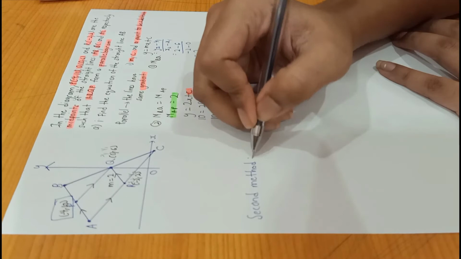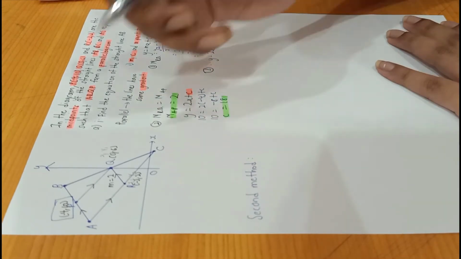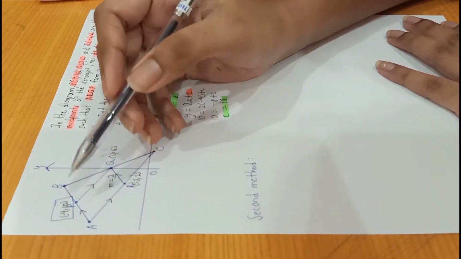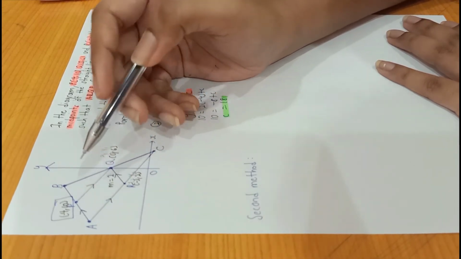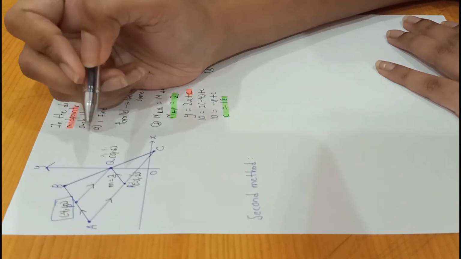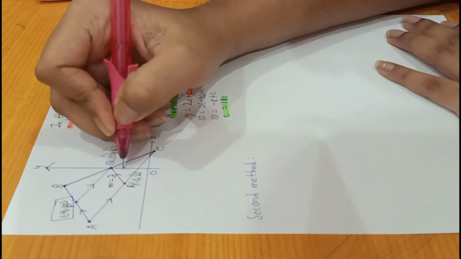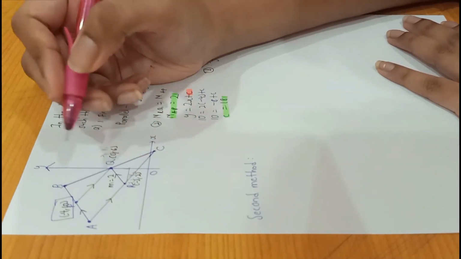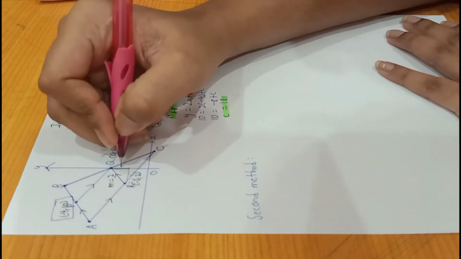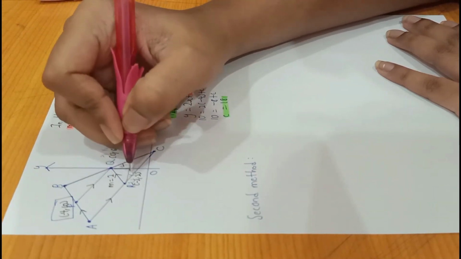Using the points. Based on the question, the lines RQ and AP are parallel, so they have the same gradient and they also have the same distance. For example, if we draw a triangle, the vertical distance is 4 and the horizontal distance is 2.